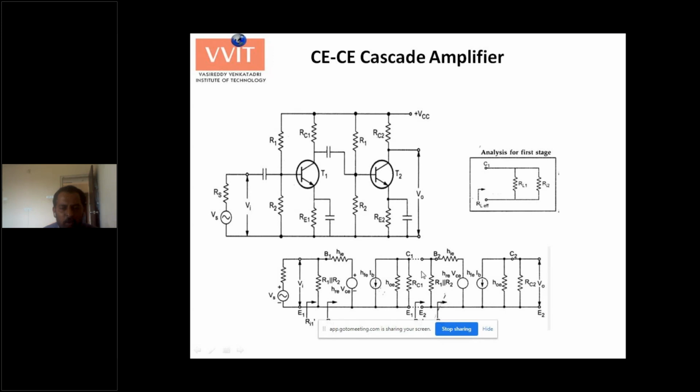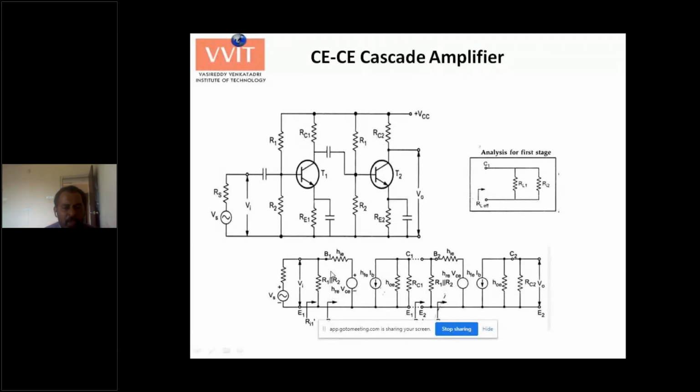Now you have to draw the equivalent circuit for the first stage. Again, what is the load for the first stage? The physical external load for the first stage is RC1, like RC2. I have kept it here. Then look at this H parameter equivalent model, hoe, and so on. Like R1, R2, you have a biasing network for the first stage also.